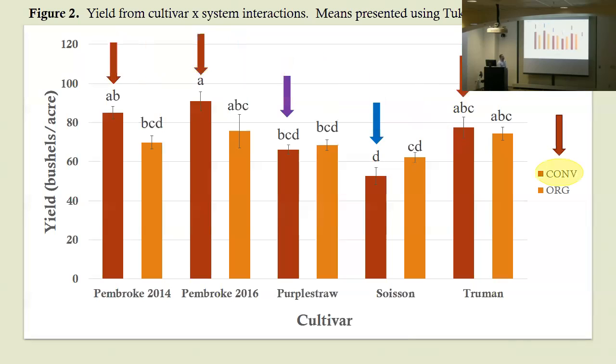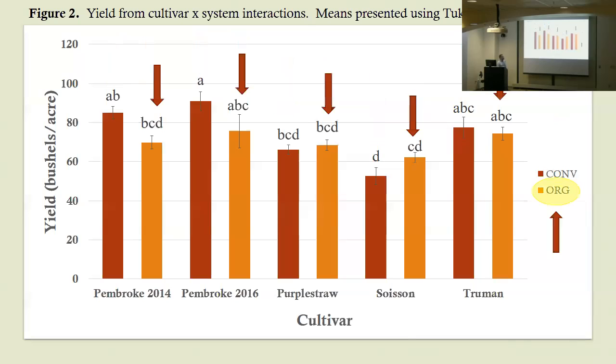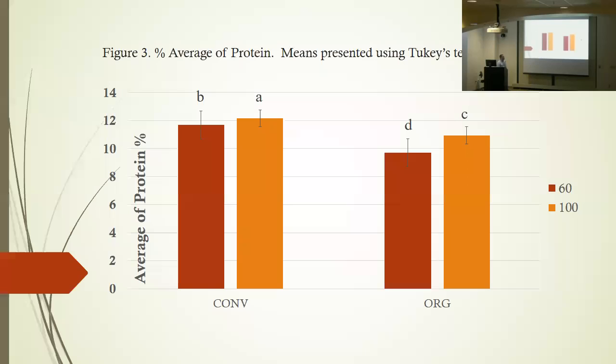While in conventional, also a similar trend for the cultivars except Soissons. In conventional, all the cultivars, along with organic systems, there is no significant value for this interaction.